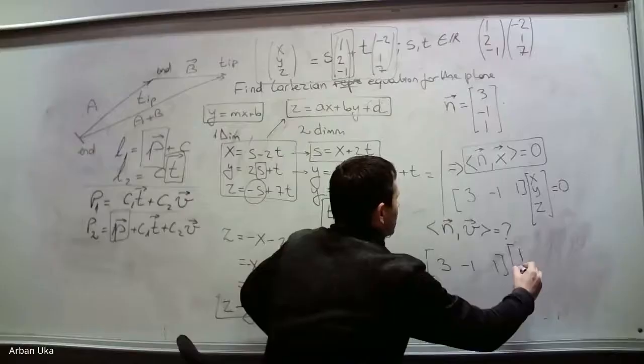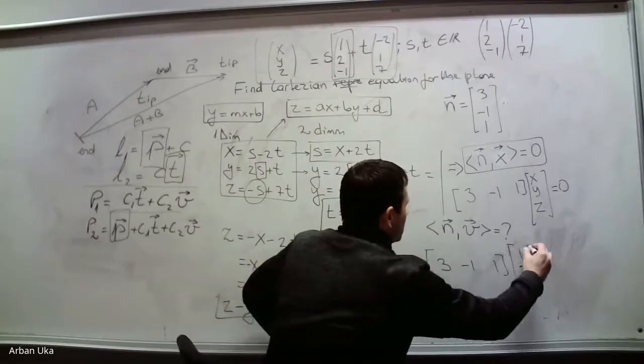The inner product is 3 plus minus 2 plus minus 1, which is 0.